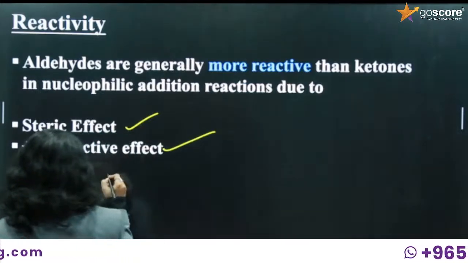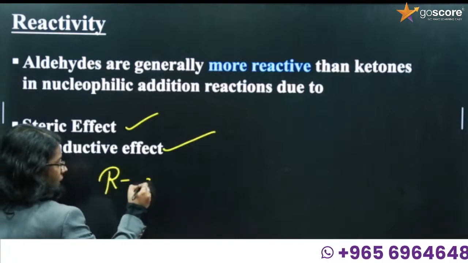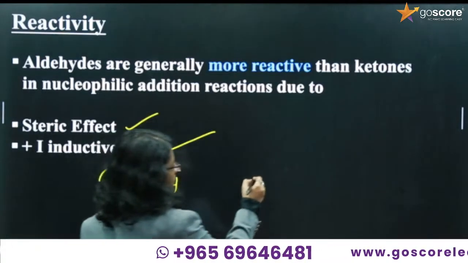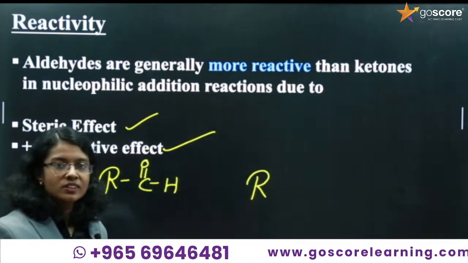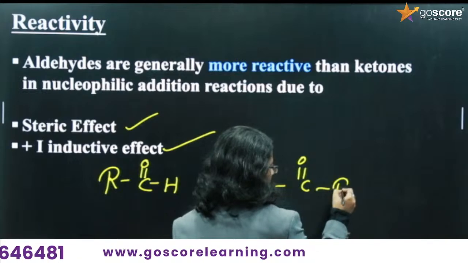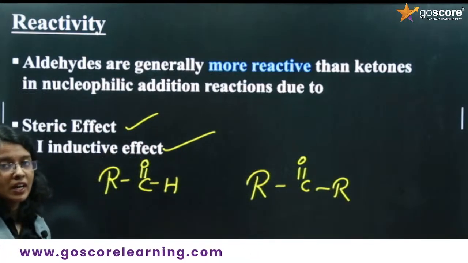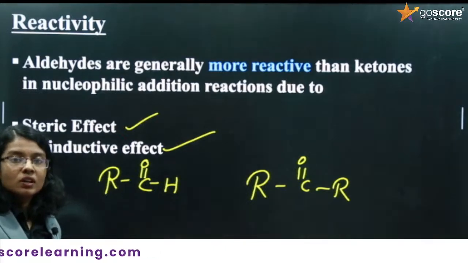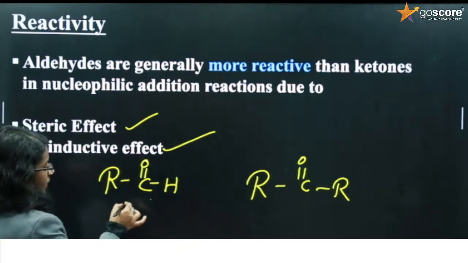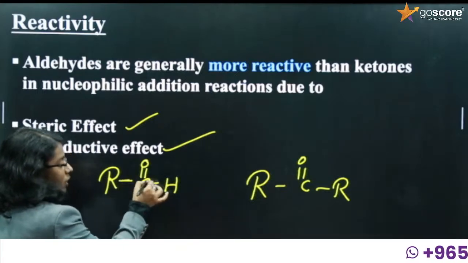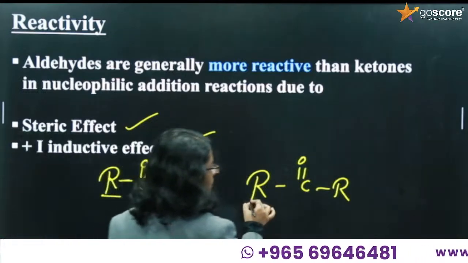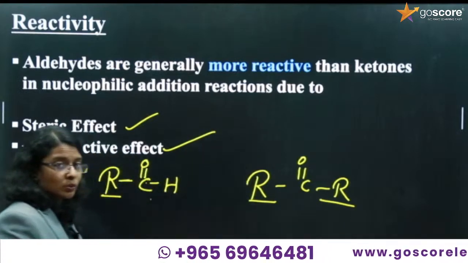So we can take an aldehyde. What is the general formula of aldehyde? R C double bond O R. So this is the general formula of aldehyde, and this one is for ketone. Here the carbonyl carbon is attached to one alkyl group, and here it is attached to two alkyl groups.